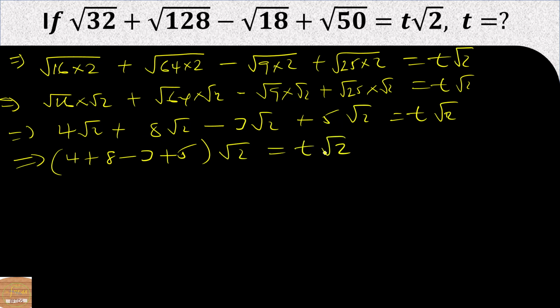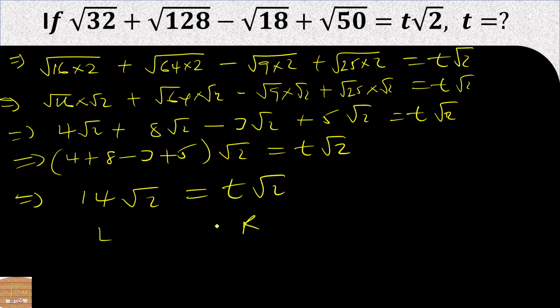All right, so 4 plus 8 is 12. Okay, so 12 minus 3 will be 9. So 9 plus 5 will be 14. So we have 14√2 equals t√2.